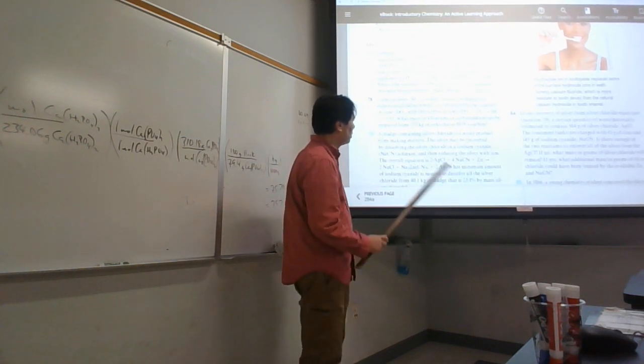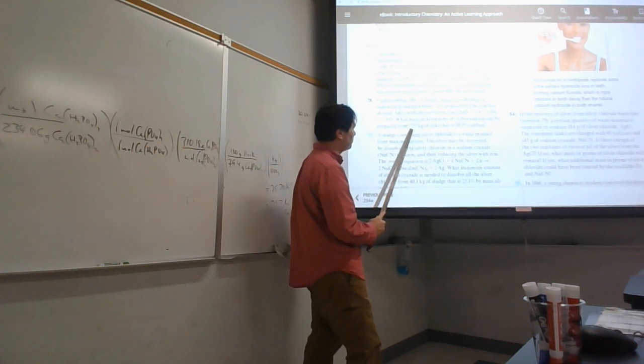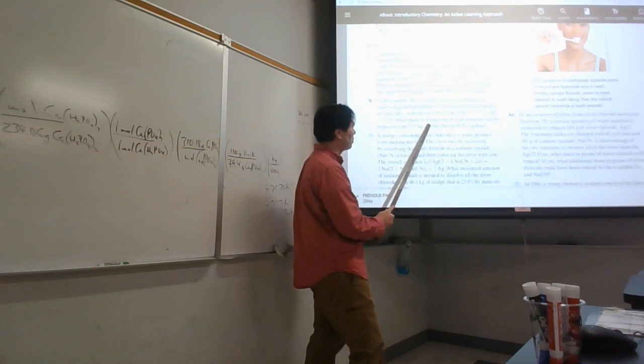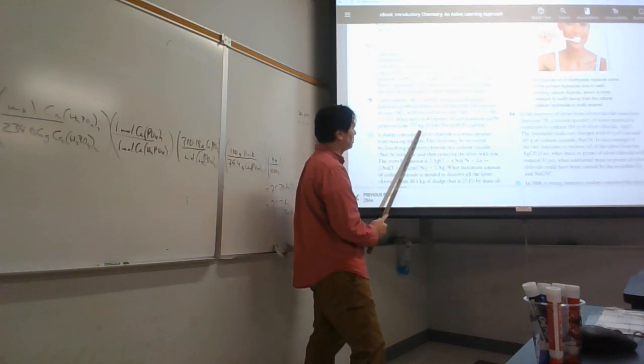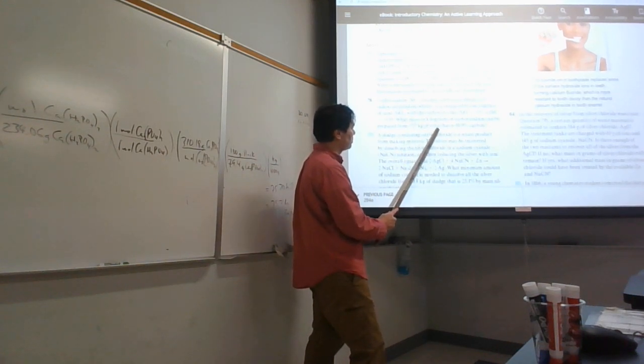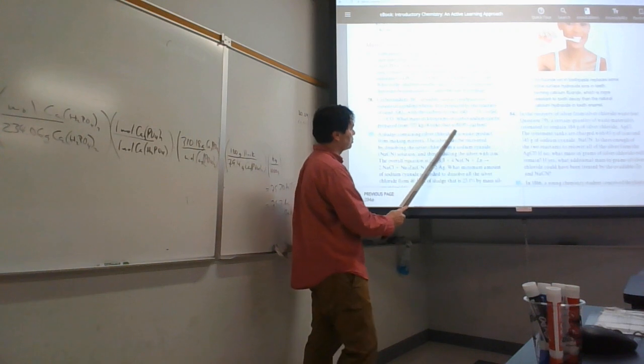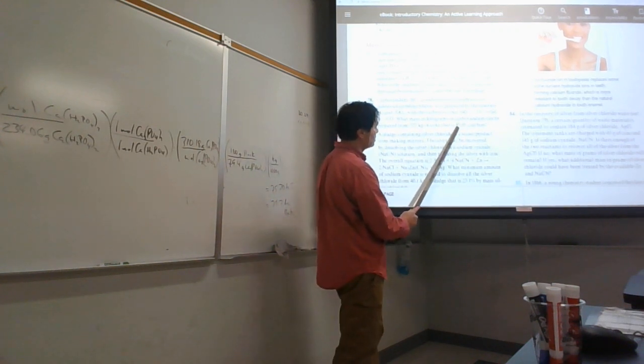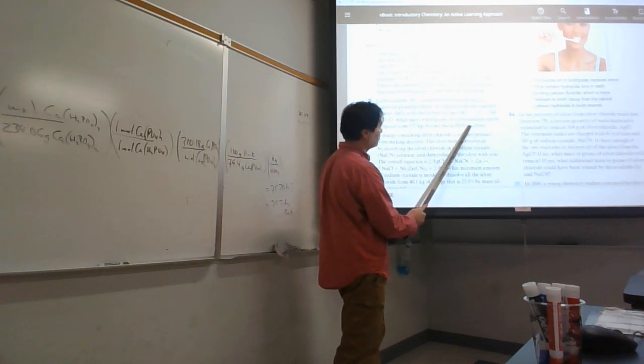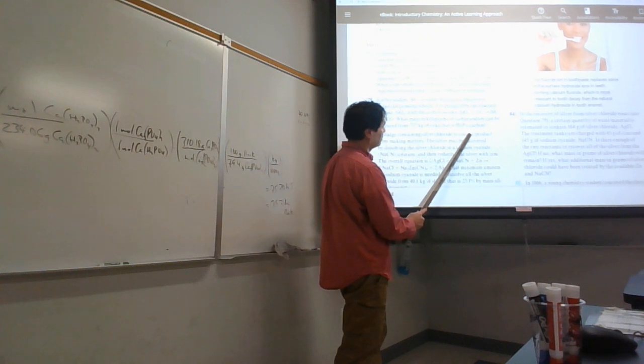And so here, we don't have pure carbon. We have 727 kilograms of carbon mixture. And so we'll go from kilograms of carbon mixture to grams of carbon mixture, grams of carbon mixture to grams of pure carbon. That is, it's 88.9 grams of pure carbon for every 100 grams of carbon mixture.